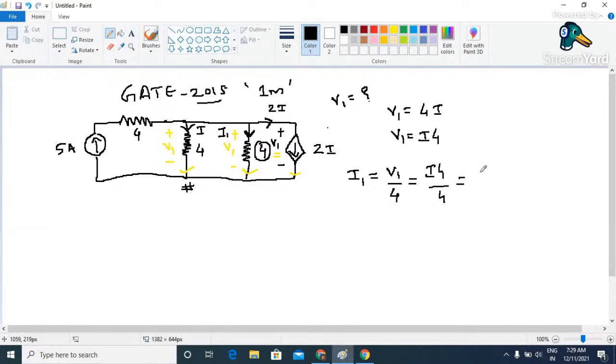So this 4 will get cancelled, and the value is going to be I. And we know that the value of current flowing through this particular branch is nothing but 2 into I. And see here, this is nothing but a current source. So the main current flowing through this particular circuit is nothing but 5.